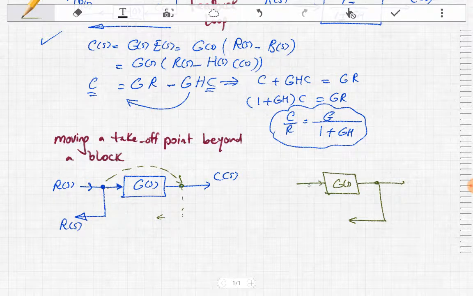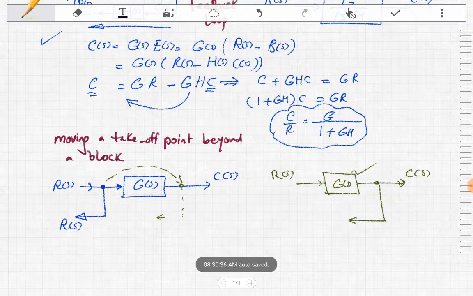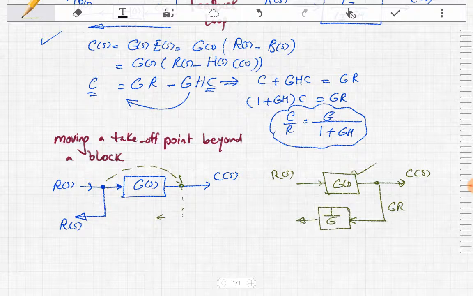That's not true. Why? Because this is R of S multiplied by G of S, got C of S. This is right. But this one is not R of S. It was R of S. Now it's equal G of S times R. It's not as before. So what should you do to get it back as R? Divided by G. That's true. So we'll just write 1 over G. You got the same thing.